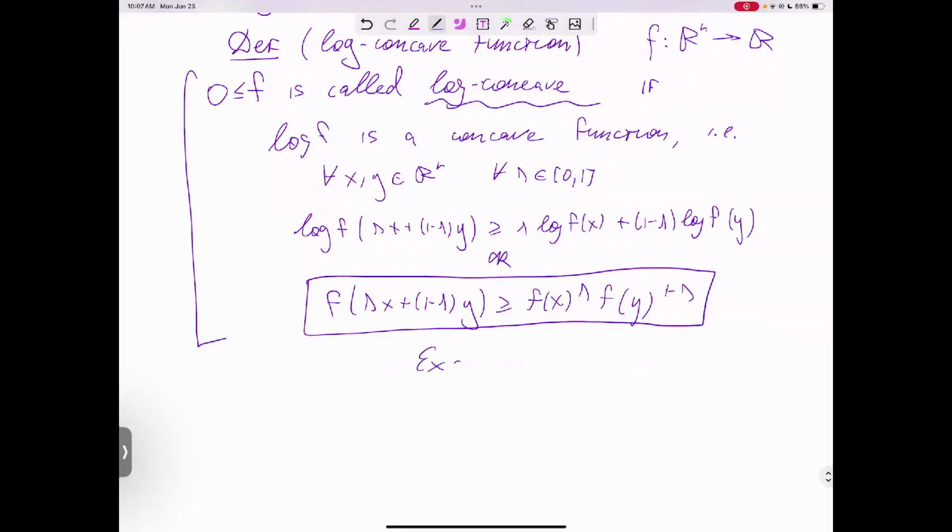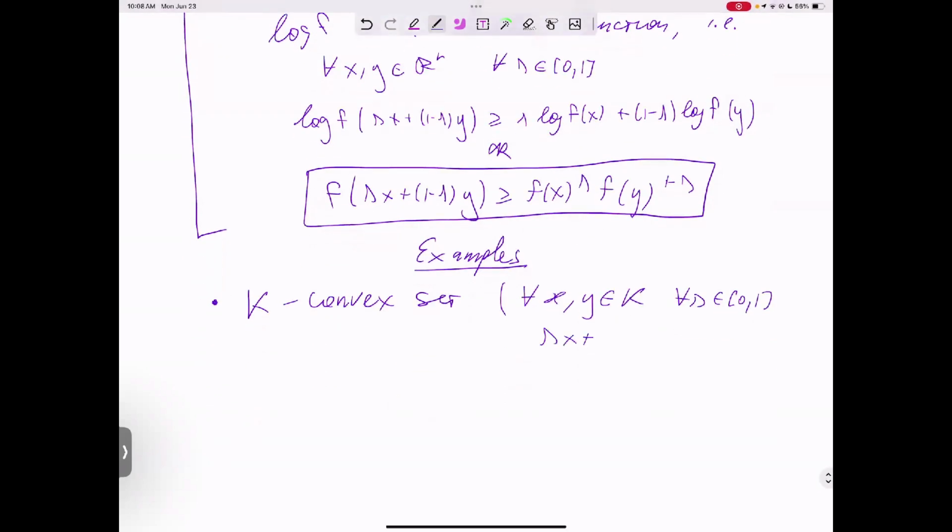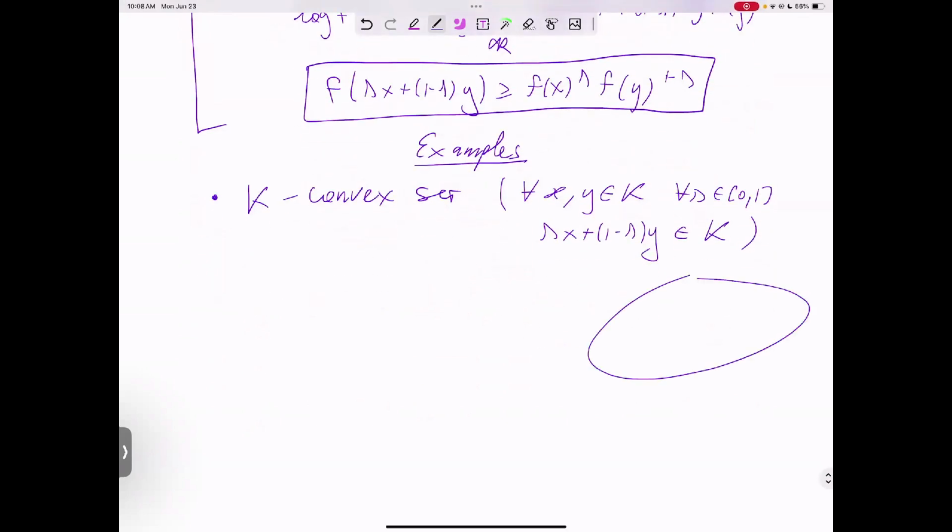Let's consider some examples. If K is a convex set, meaning that for any pair of points x and y in K, and for any lambda between 0 and 1, lambda x plus 1 minus lambda y, a point on the interval between x and y, is also in K. So if I have a set K such that whenever I take a pair of points in it, the whole interval is still in the set, that's when we say that the set is convex.